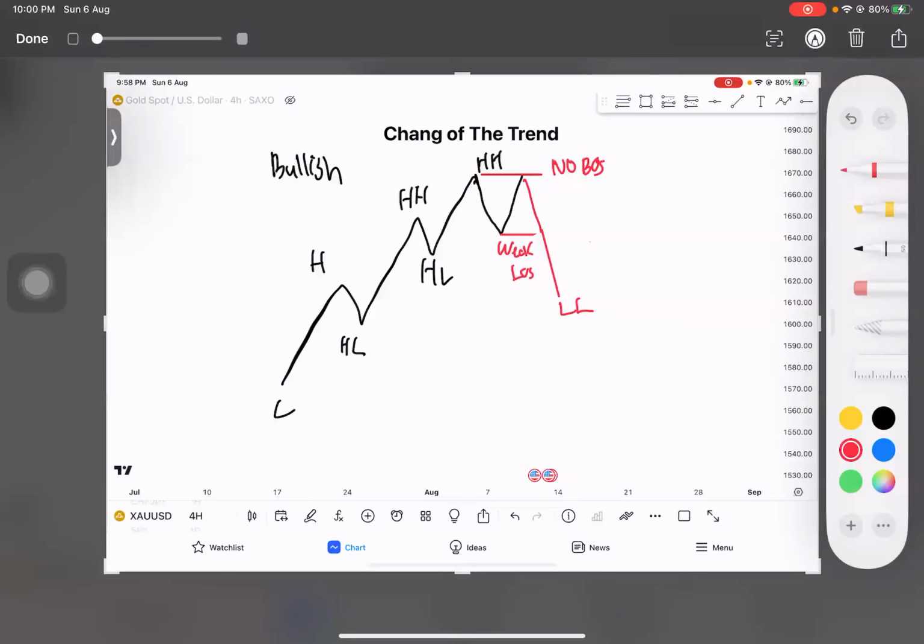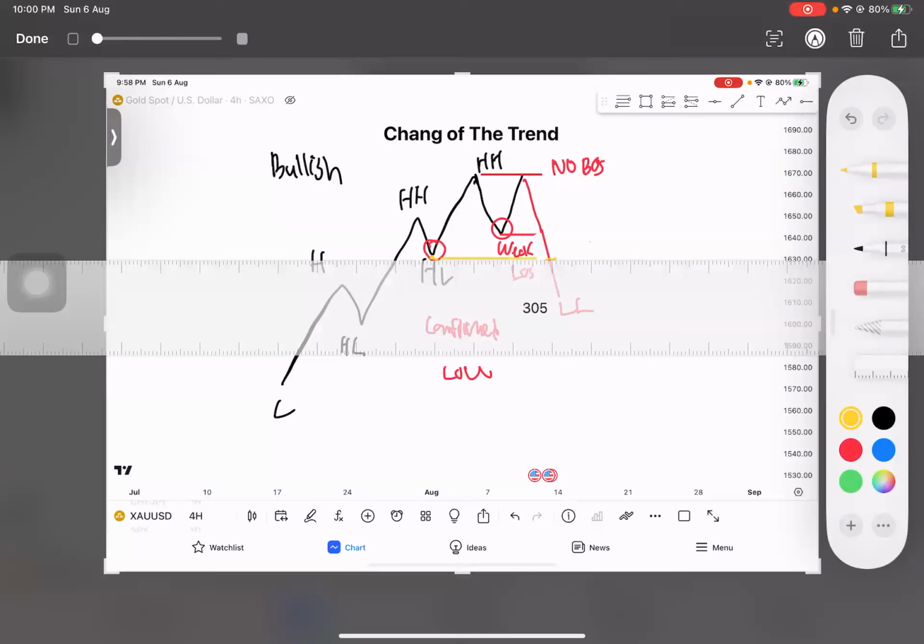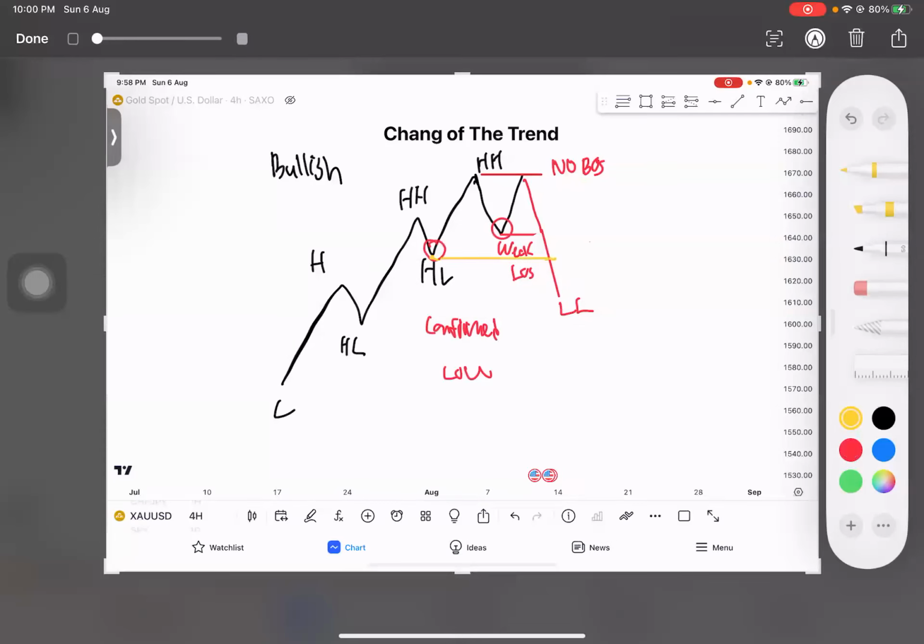If you want to consider it a change of character, it must break out the confirm low. This is what we call the weak low, and this is what we call the confirm low. You have to break out the confirm low, which is this area, this level. Then this will become a change of character. It must always break out the confirm low.